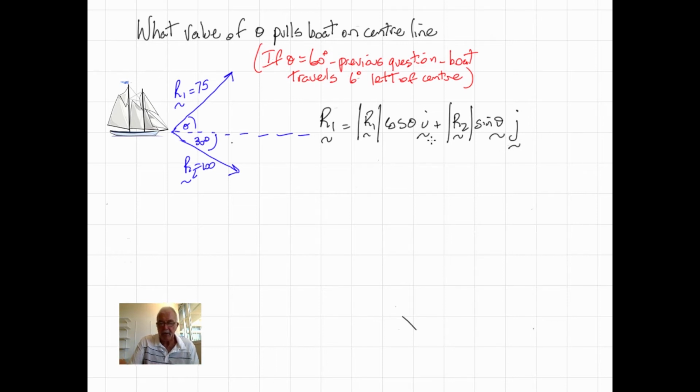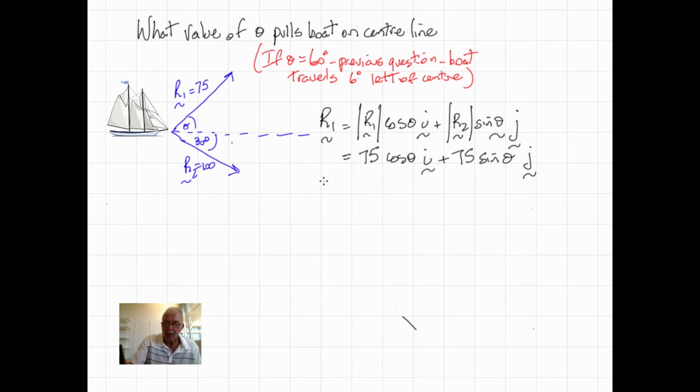We don't know what theta is. We can substitute in for R1, that's 75. Okay, so I've resolved R1 into I and J components.